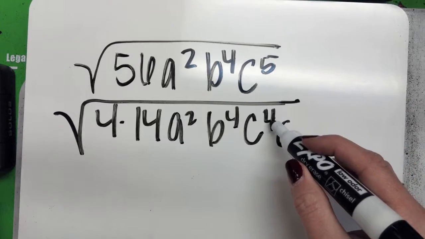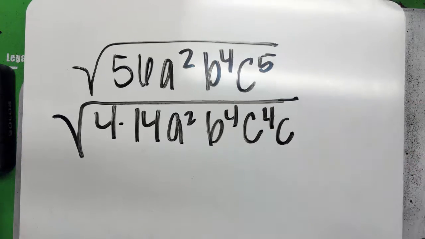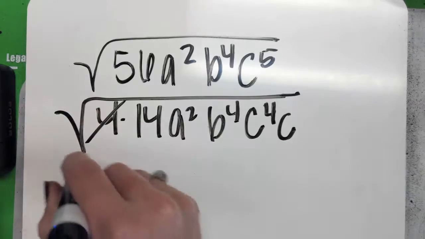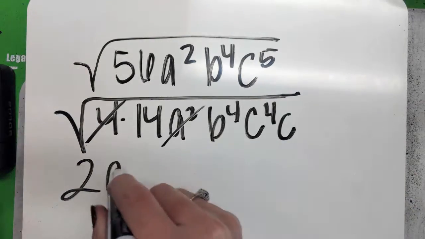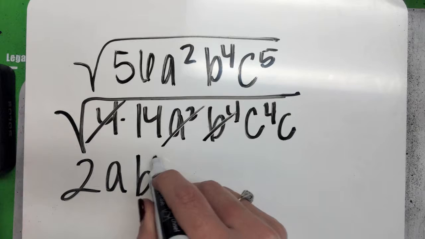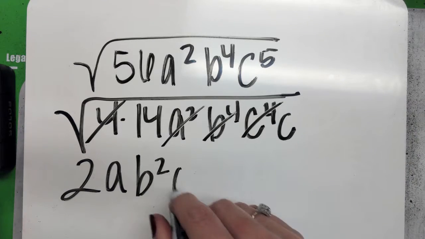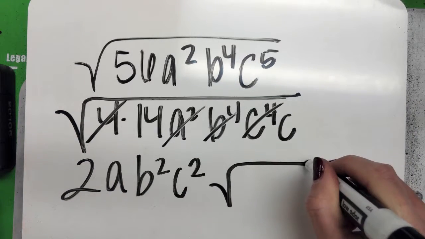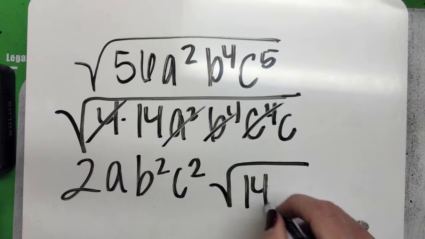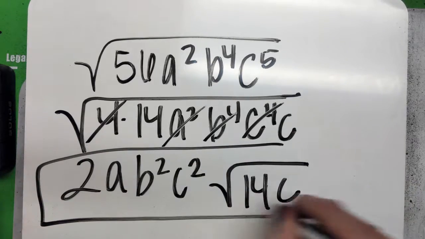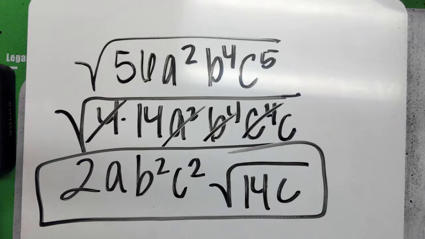Why? So we can have an even number, and also because 4 and 1 make 5. So square root of 4 is 2, square root of a squared is a, square root of b to the 4th is b squared, square root of c to the 4th is c squared. So all we have left underneath the radical that are not perfect squares are 14 and c. Hopefully everybody got that one.